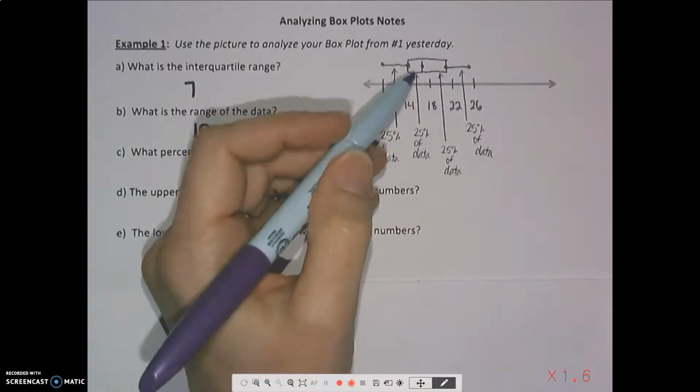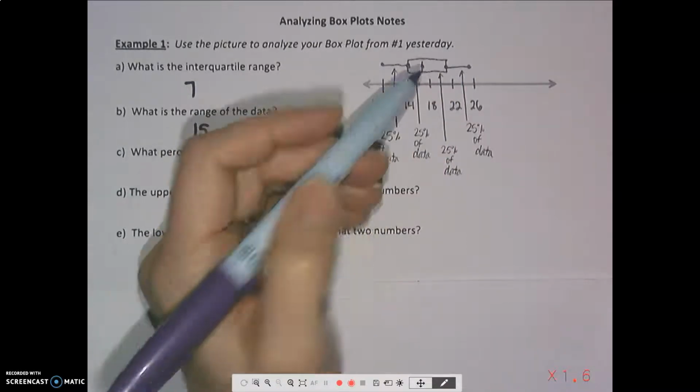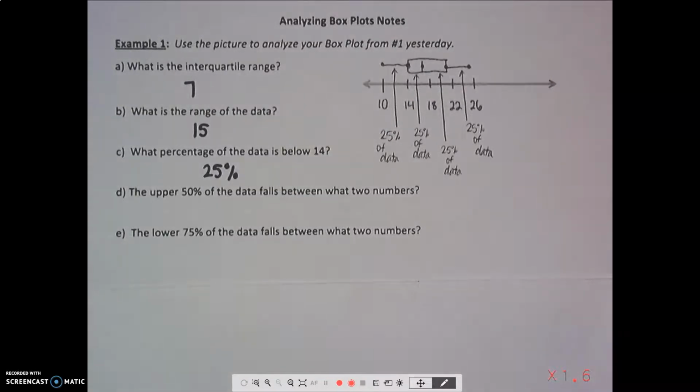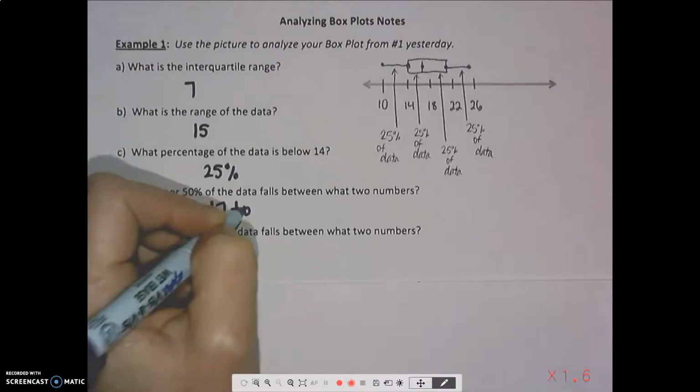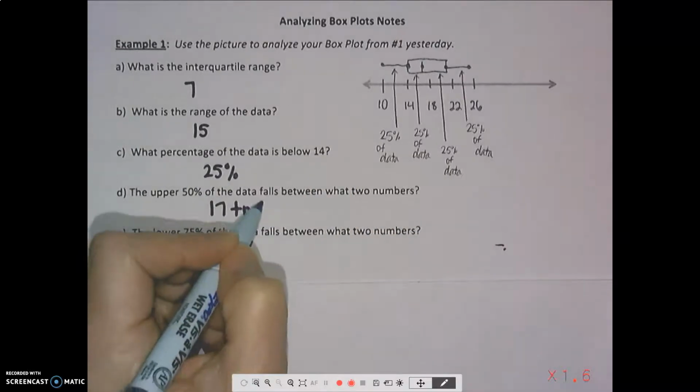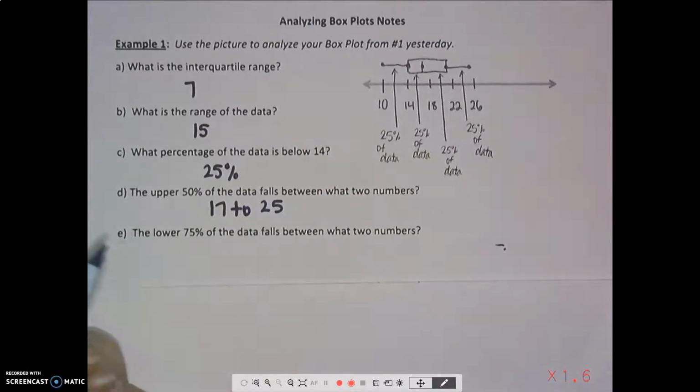All right, so the median here from yesterday was 17. So 17 to the maximum was 25, the upper 50%, okay?